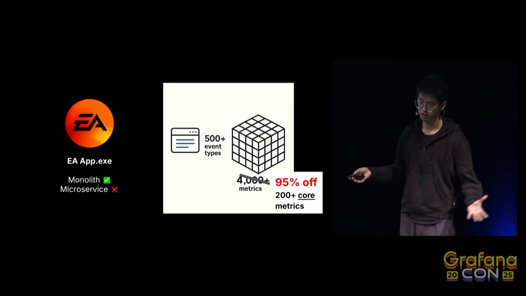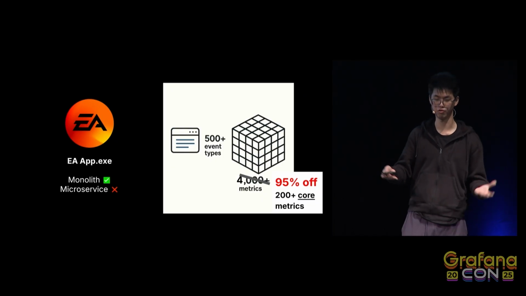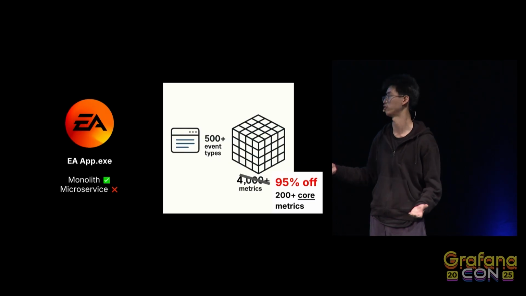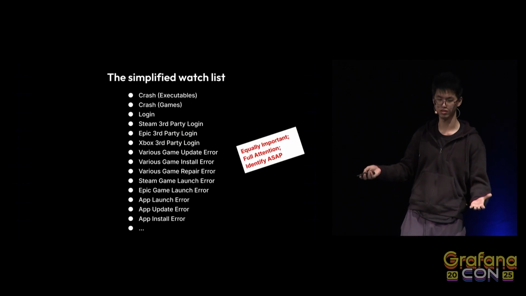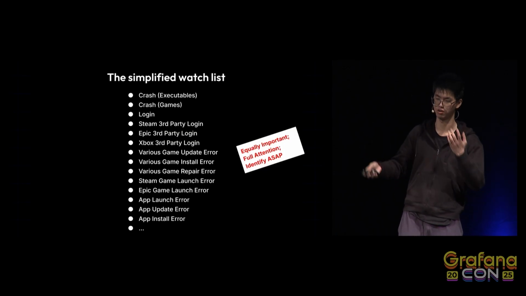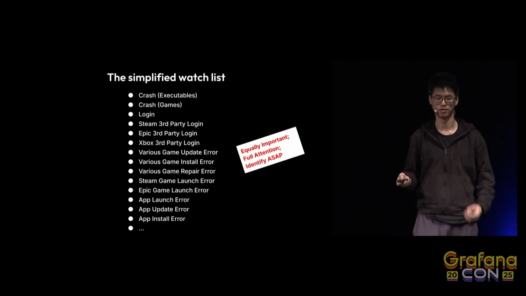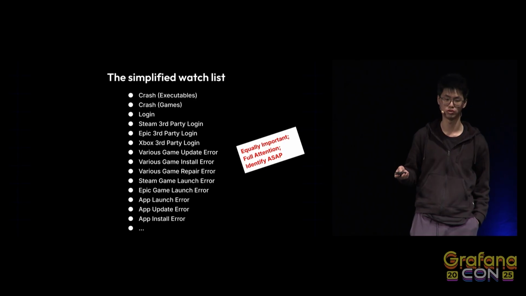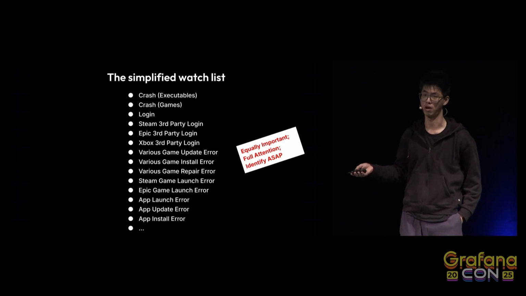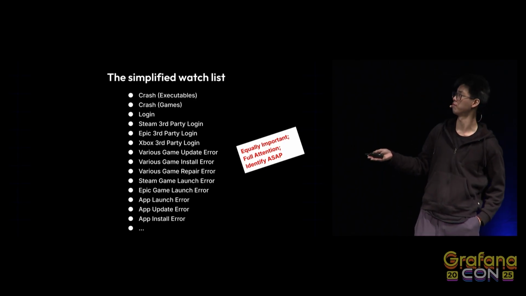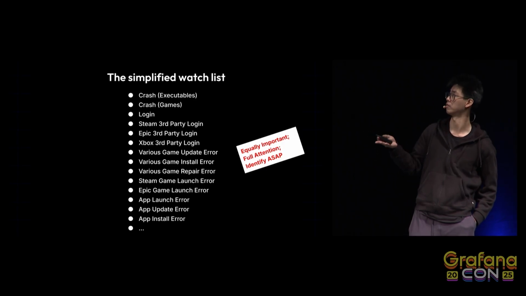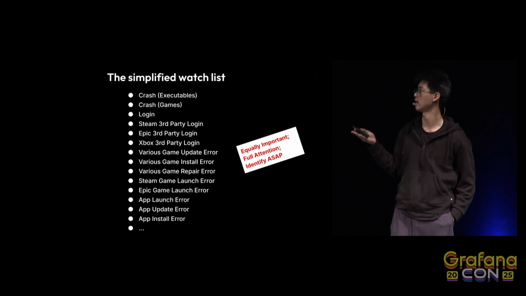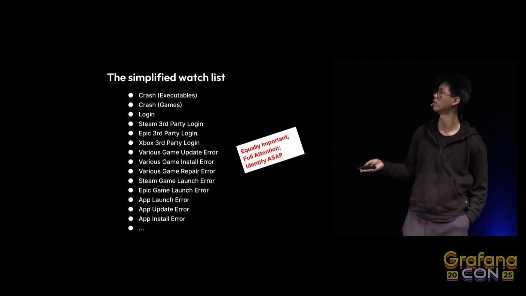Even if we make a deal and cut 95% of them, that still gives you more than 200 core metrics. This is the list of metrics that we're looking at: crash rates of our own executables, crash rates of our games, login errors from ourselves and from external partners, and various kinds of update, game install, and repair errors.